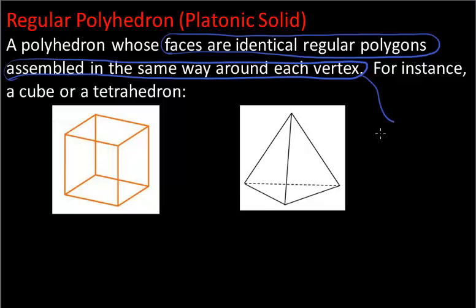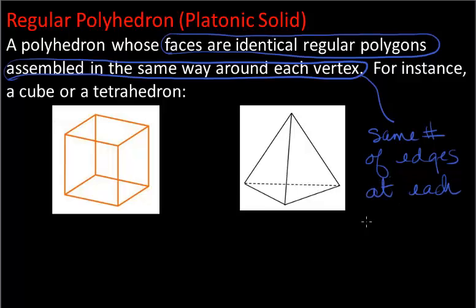I think this is easier for you to remember: the same number of edges at each vertex. There is the same number of edges, or you could say the same number of faces, meeting at each vertex. So let's look at our cube.